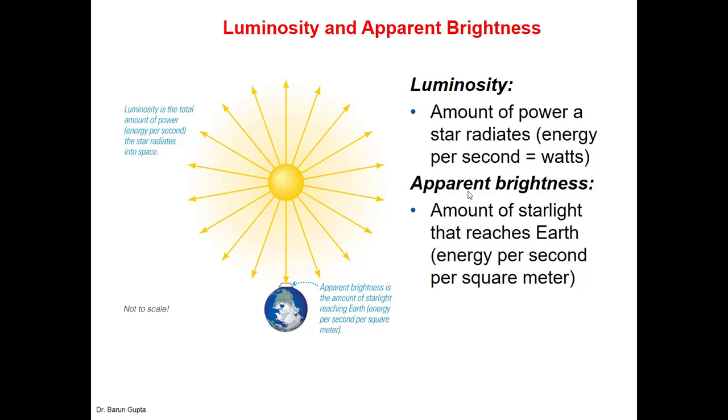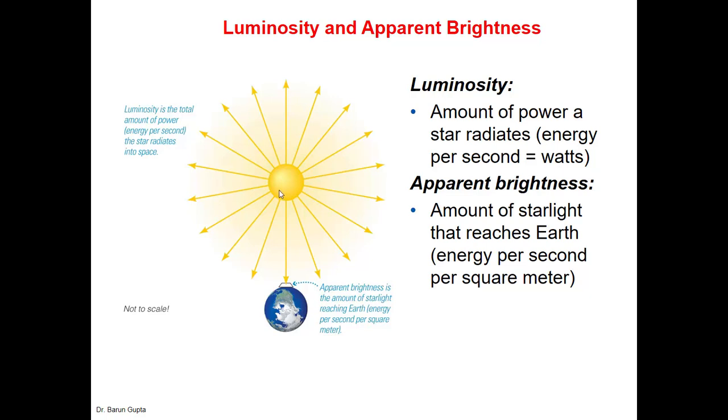So if you look at the sun, it radiates energy in all possible directions, and the amount of energy that it radiates, we call luminosity. The luminosity is simply the energy released by the sun in 1 second, and the unit of luminosity is watt.